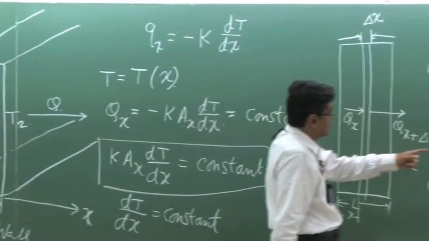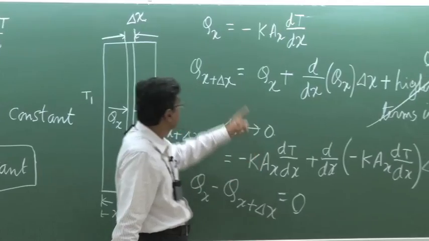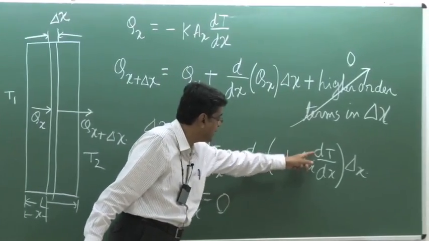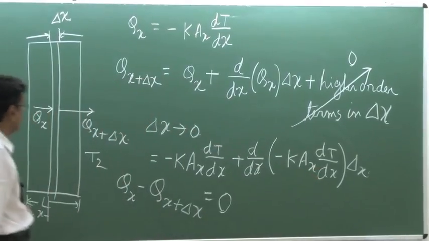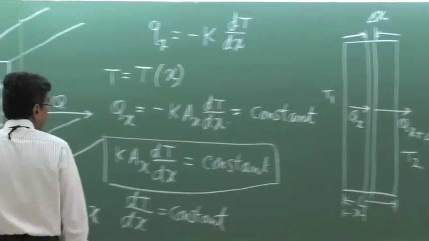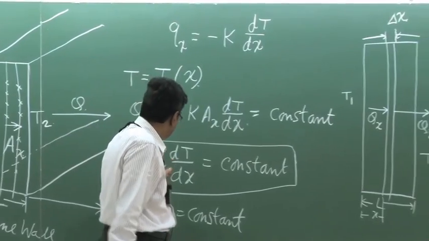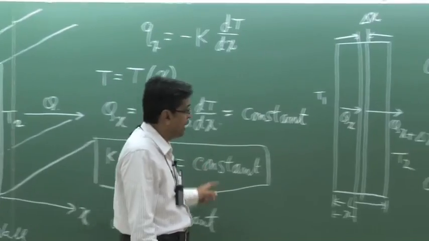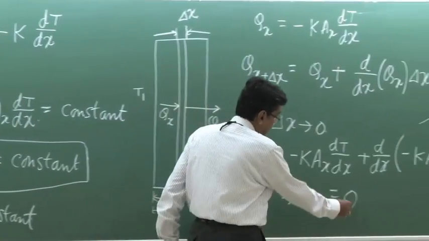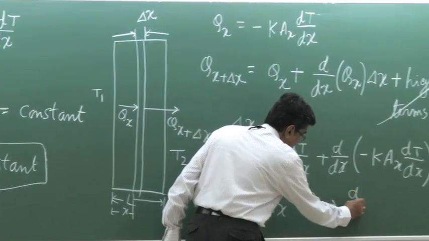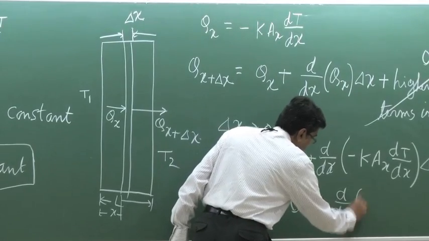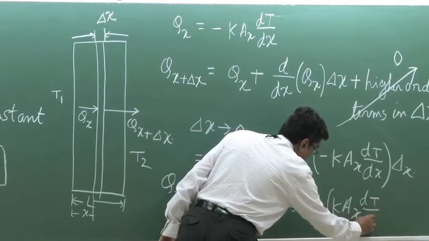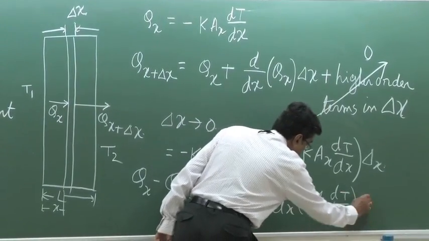That means d/dx of k Ax dT/dx times delta x is 0. So therefore, we get the same result, that k Ax dT/dx is constant and not dependent on x.